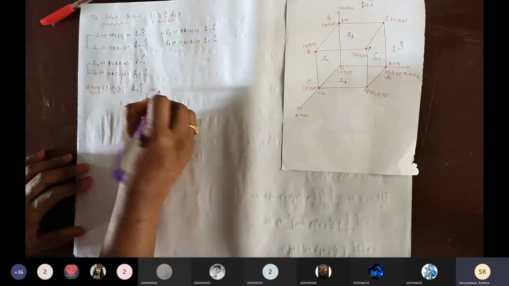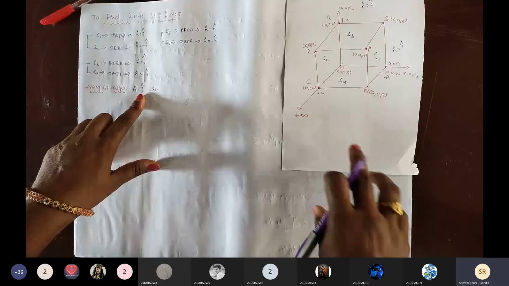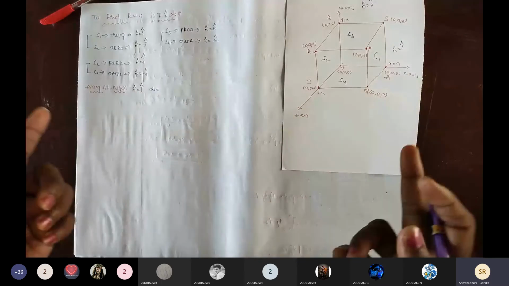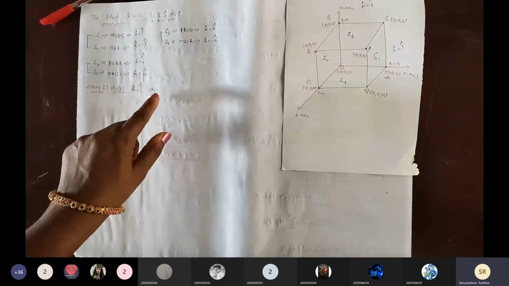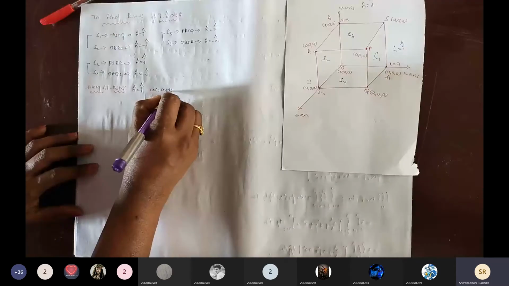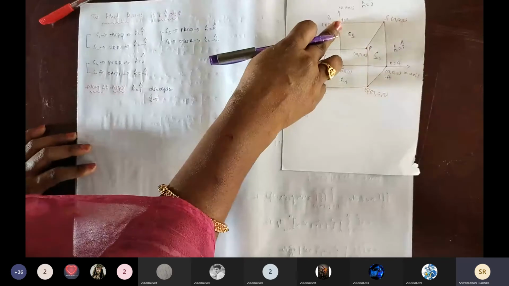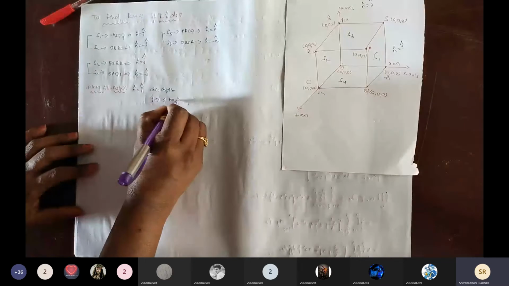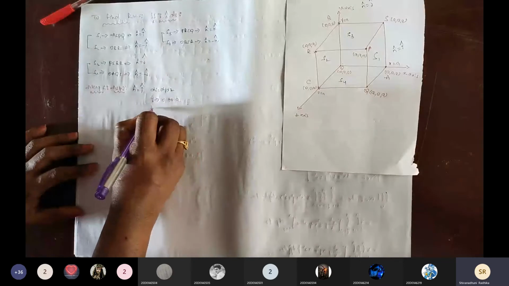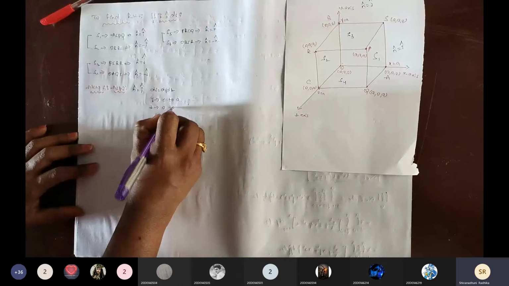Since i cap corresponds to the x-axis, the remaining variables are involved in ds, that is dy dz. Take the limits of y: y equals 0 to a, and taking the z limits also 0 to a.